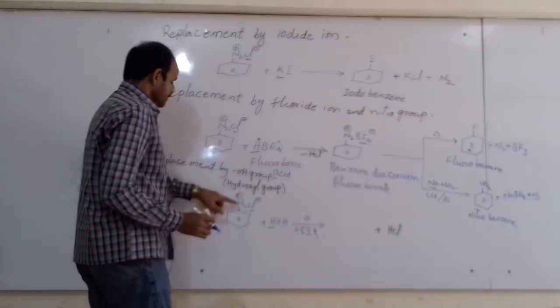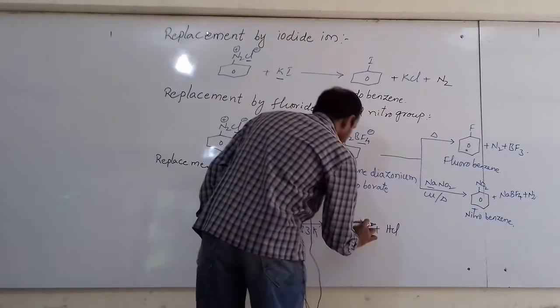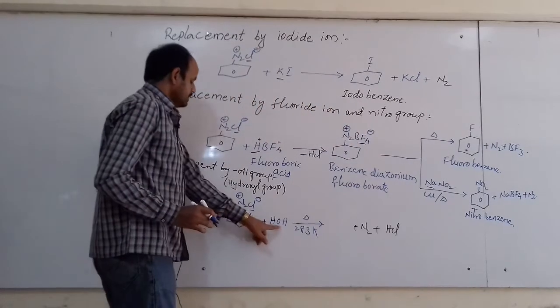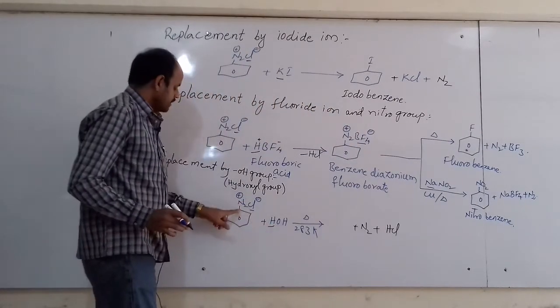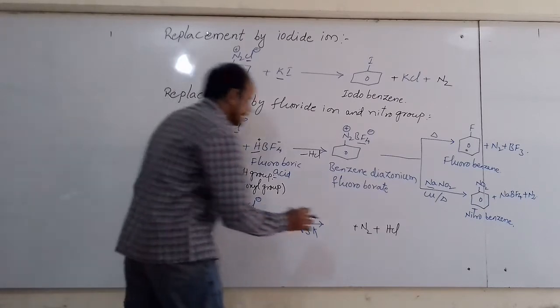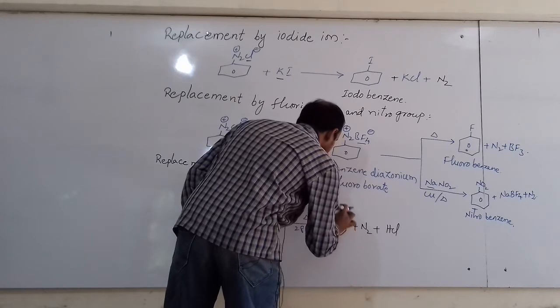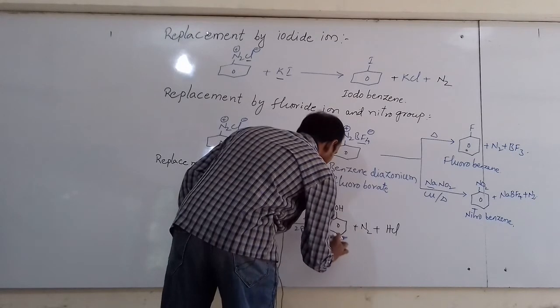And here the diazo group is removed as N2 gas. And then what is the remaining one? OH. The OH group is attacked on this benzene nucleus. Hence we get phenol.